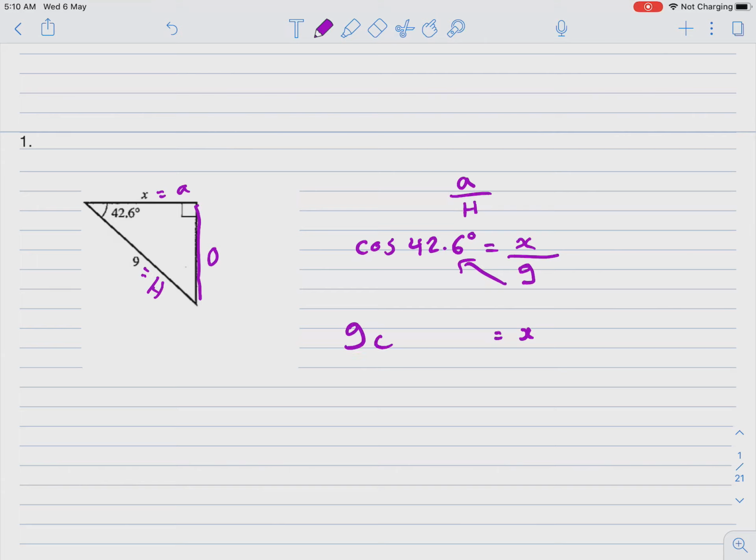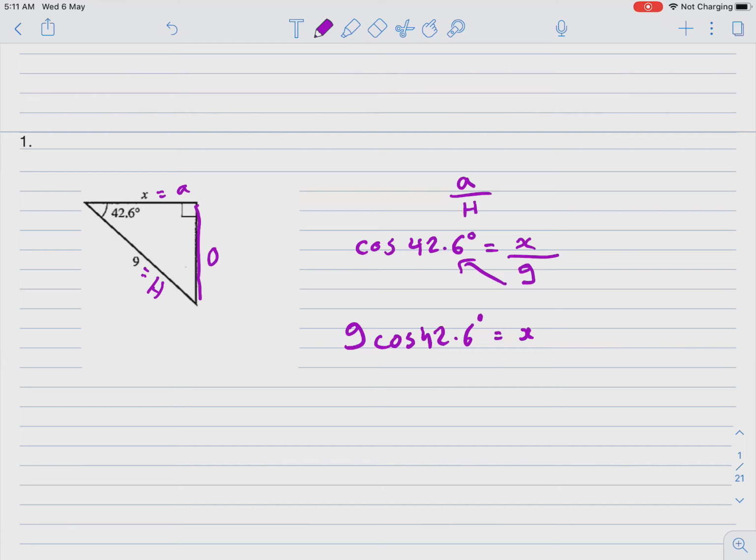So it will be 9 cosine 42.6 degrees, and make sure that on your calculator the mode is on degrees. Then you just need to calculate 9 cosine 42.6 without rounding.